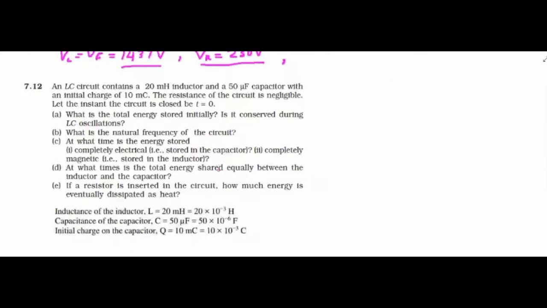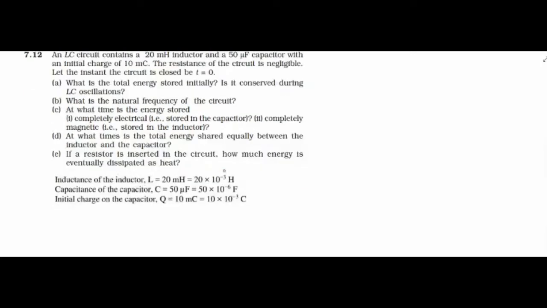Now come to question 12. LC circuit. Values of L and C are given. Initial charge Q is also given, 10 millicoulomb, that is 10 into 10 power minus 3 coulomb. Now come to the solution of part A. What is the total energy stored initially? Is it conserved during LC oscillations?